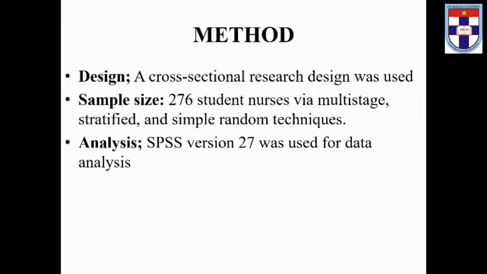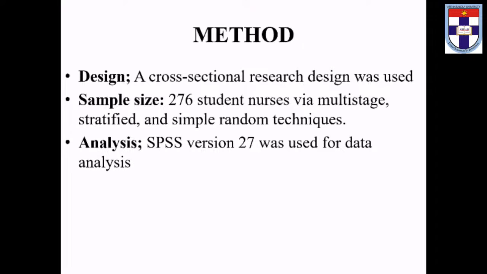A multi-stage sampling technique was used, incorporating stratified, purposive, and random sampling techniques to select 276 student nurses cutting across 3 different institutions that are offering nursing in Benue State.